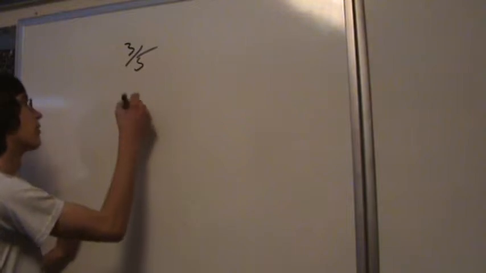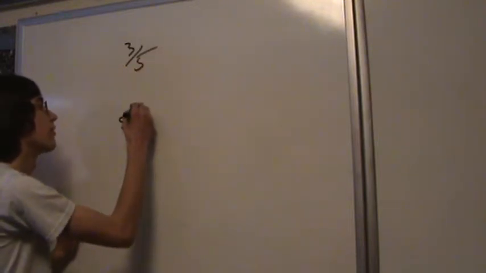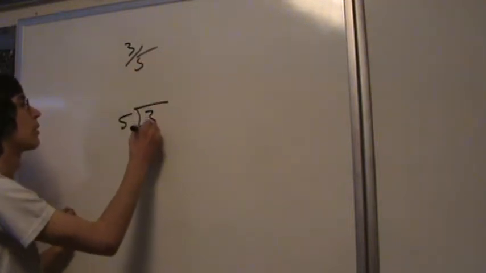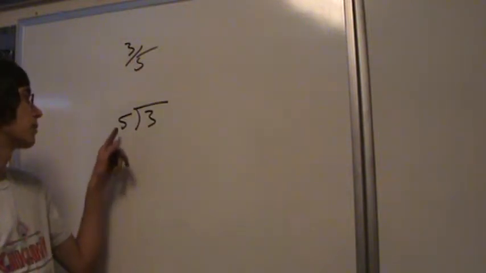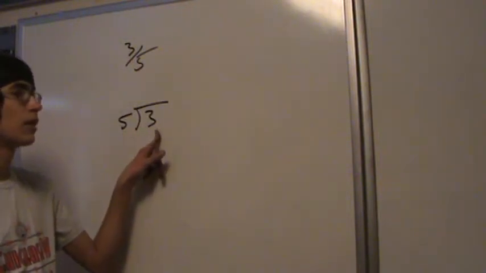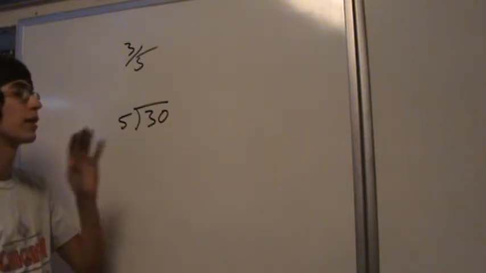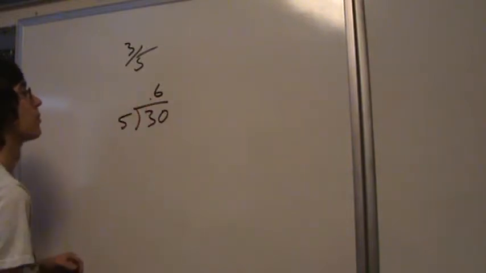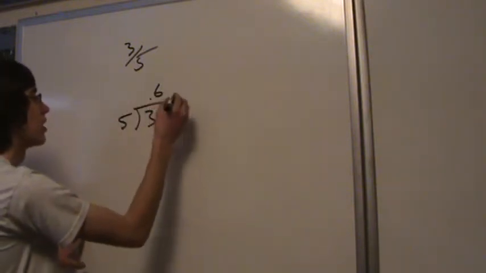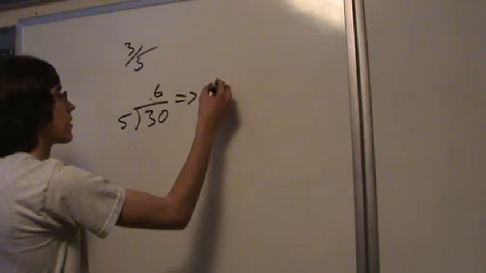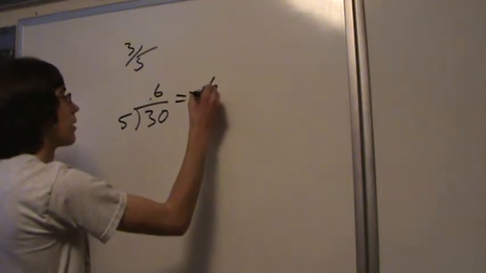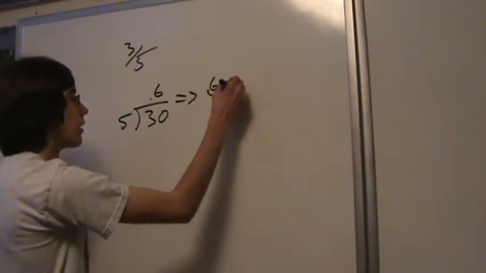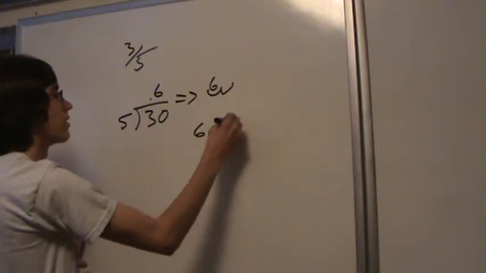Remember, this line means to divide, and in this case 5 can't go into 3, but you add a 0, and then it can go into 30 6 times, and since we had to add a 0, we put a decimal point there. Okay, so we have it in a decimal. Now change it into a percent. That would be 6 right here, and so we go over 1, then over 2. So that is 60%.